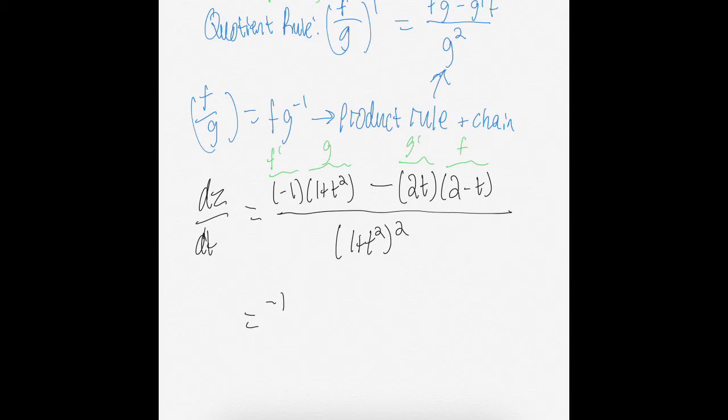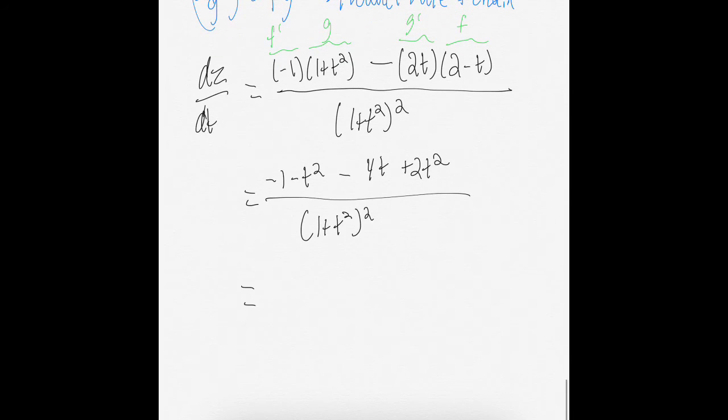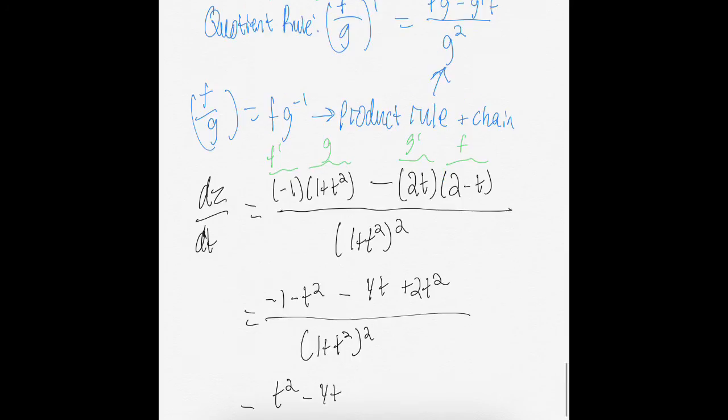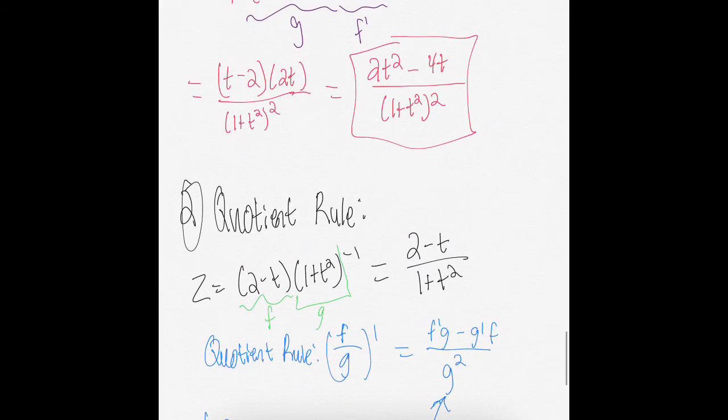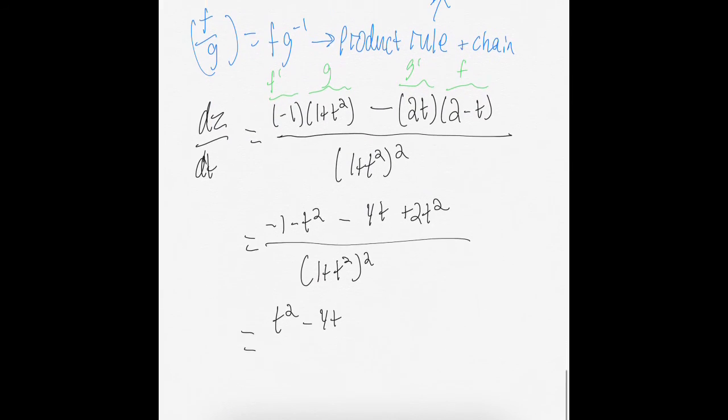All right, let's go ahead and multiply things through. I might do this kind of quickly just to save time. Let me see. So minus 1 minus t squared minus 4t plus 2t squared all over 1 plus t squared squared. Let me see, and this is equal to, okay, minus t squared plus, so that's t squared minus 4t minus 1.